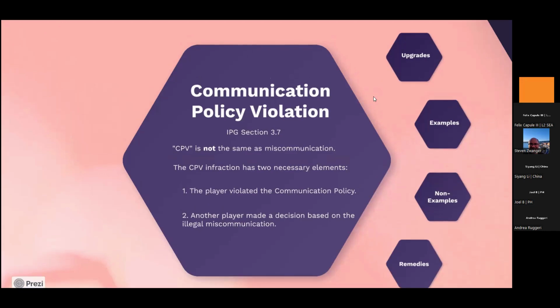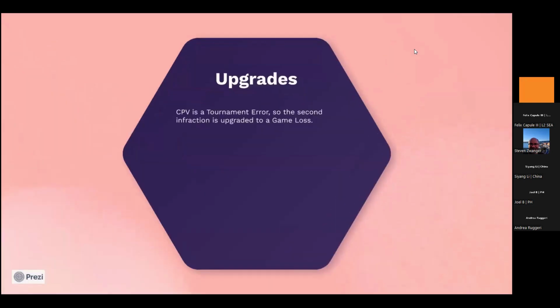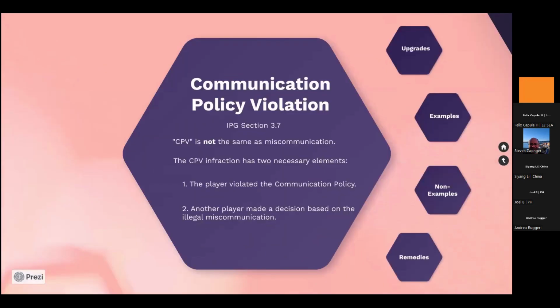So if there is an infraction, one of the things to keep in mind for CPV is because it is in the category of tournament errors, the second time a player commits an infraction, it's upgraded to a game loss. This is pretty rare. It's rare even for one CPV to happen, let alone two. But if it happens a second time, it's a game loss.